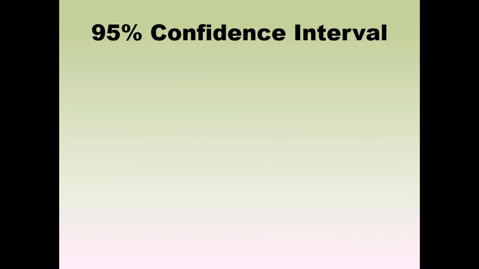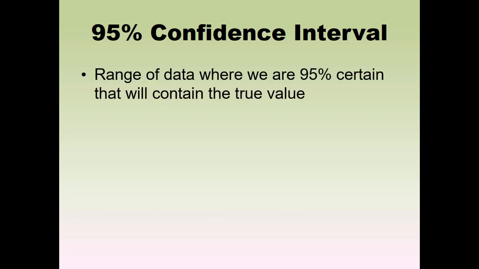One other statistic that is often used as a step beyond the standard error is a 95% confidence interval. These are very commonly presented as a statistic. So this will present the range of data that we are 95% certain that the true value exists.